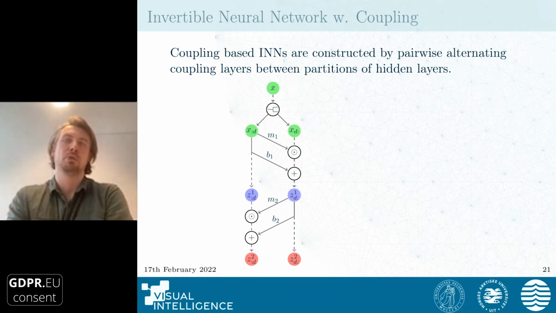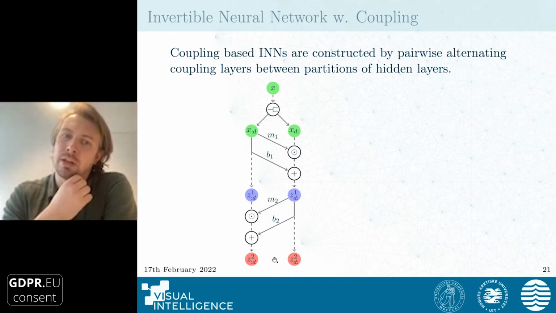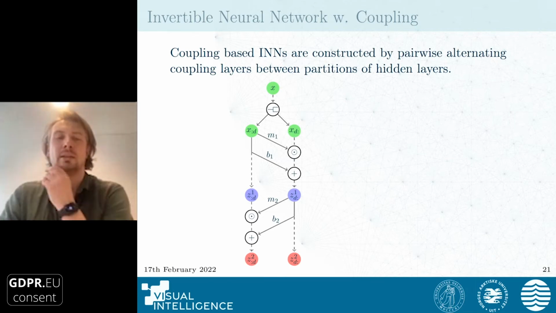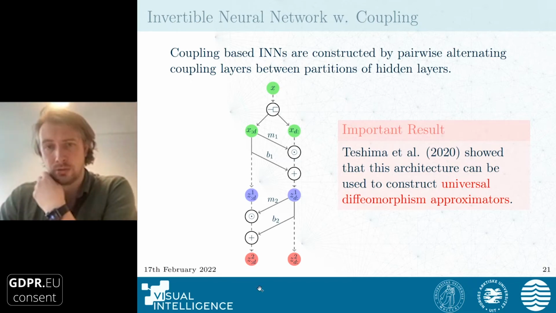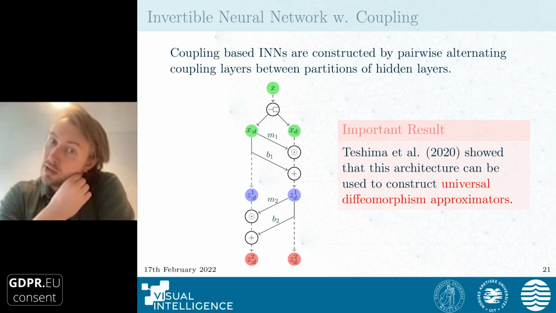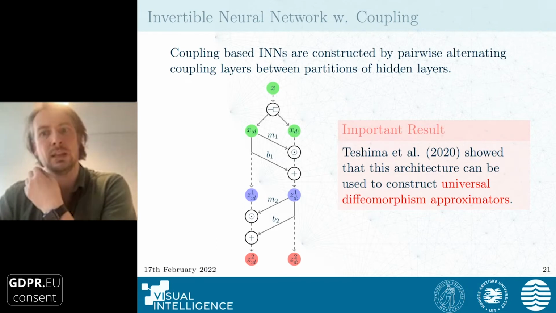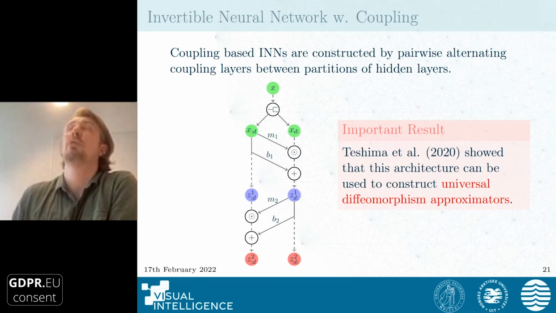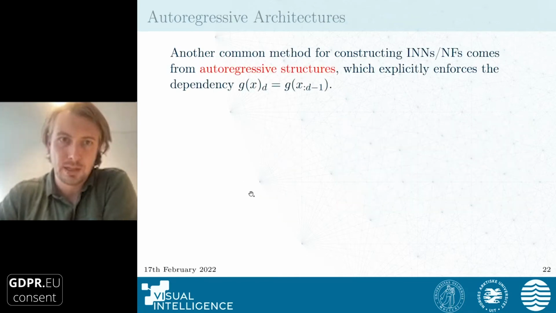You can just draw uniformly some permutation and then permute the inputs accordingly, so you don't have separate parts acting on each other. An important result with these types of models is that Teshima, a team in Japan, showed in 2020 that this architecture can be used to construct universal diffeomorphism approximators, meaning you can approximate any type of invertible structure that's differentiable with this type of architecture.